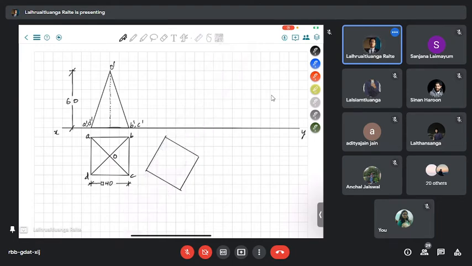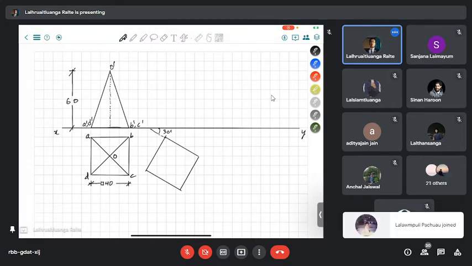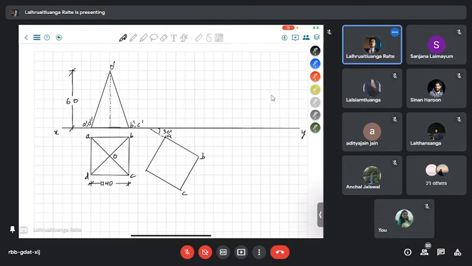All right. So this line makes 30 degrees with the axis to the XY line. And if this is AB, CD, all right.